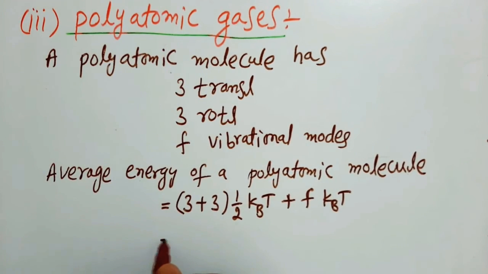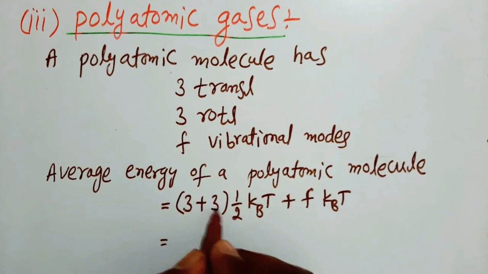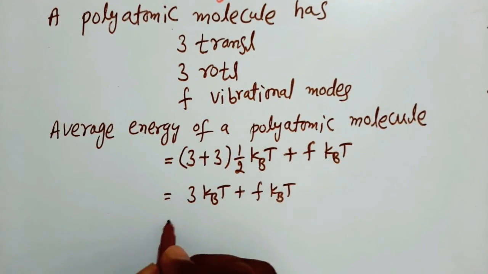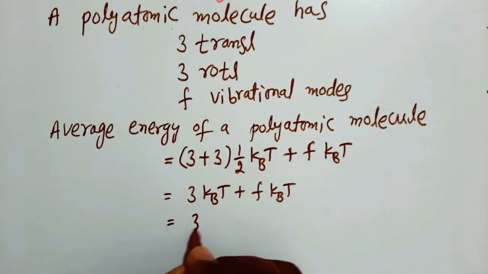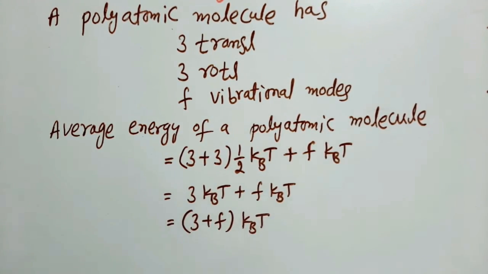So it can be written as 3 plus 3, that is 6 by 2, it is 3 kBT plus f kBT. Take kBT common. So the remaining terms are 3 plus f into kBT.